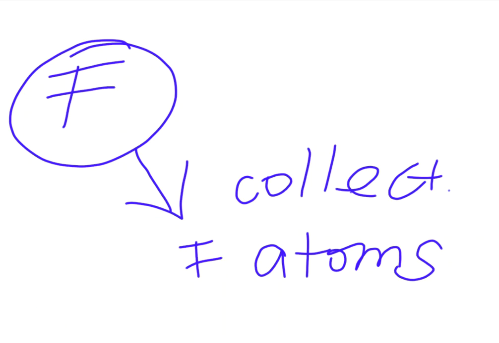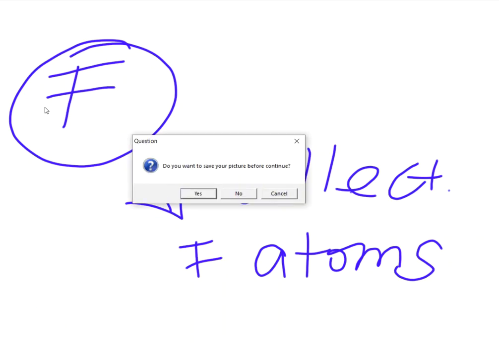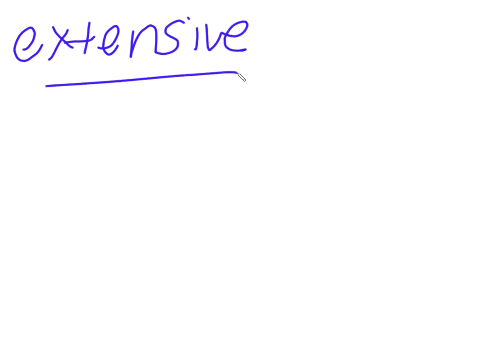Okay, now let's go on to properties. Properties are just another concept. It's just what properties these elements can have. So there's two kinds of properties. There's extensive and there's intensive.